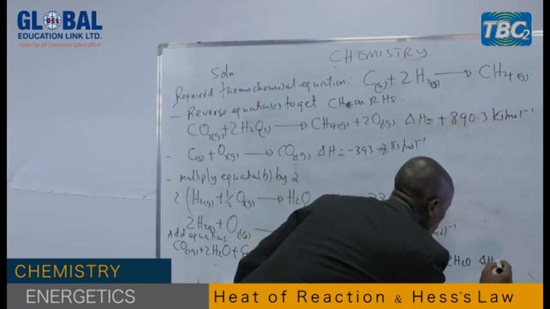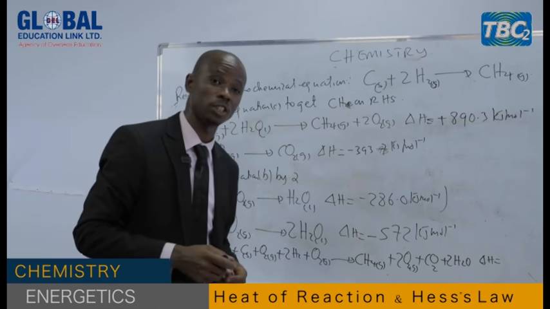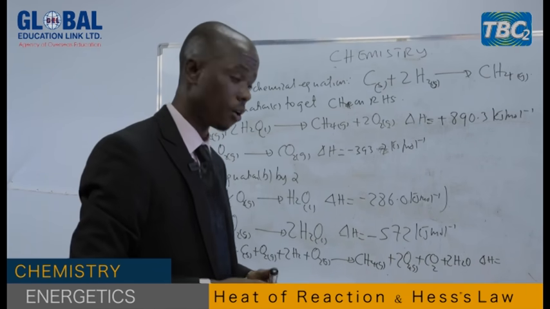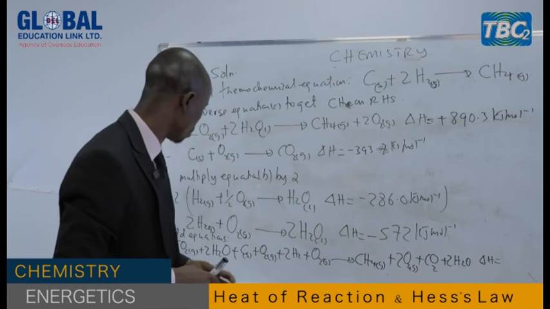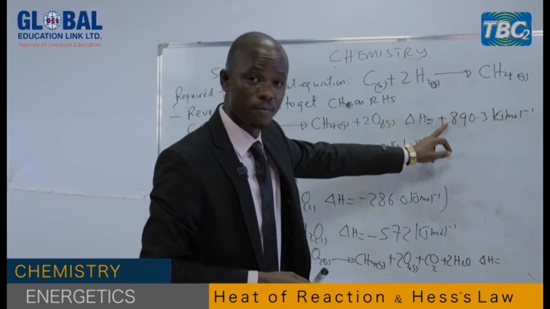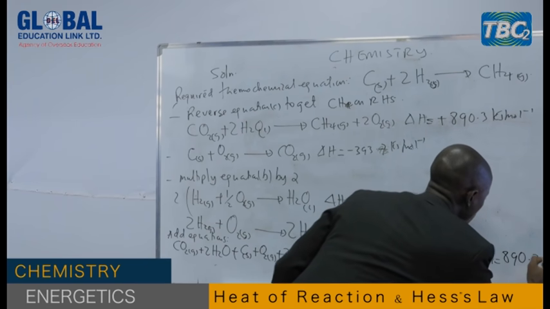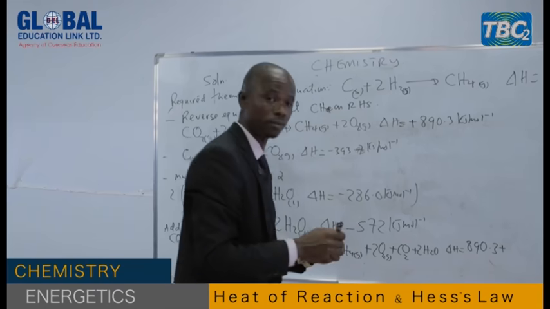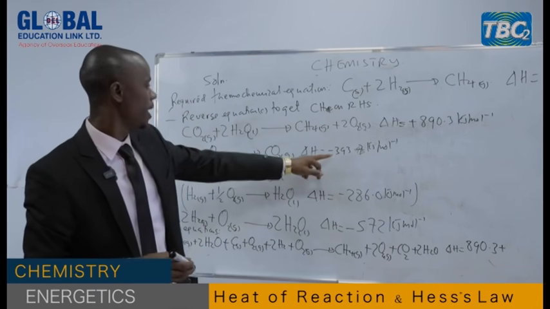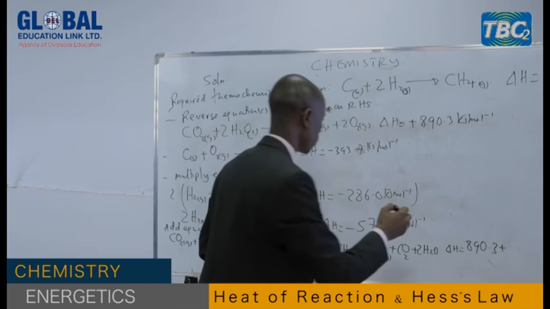The enthalpy change as well, you sum, and that is Hess's law of summation of enthalpy change. So you add. The first one was positive 890.3 kilojoules per mole, plus the second one, negative 393.7 kilojoules per mole.